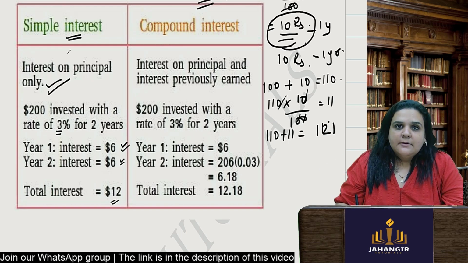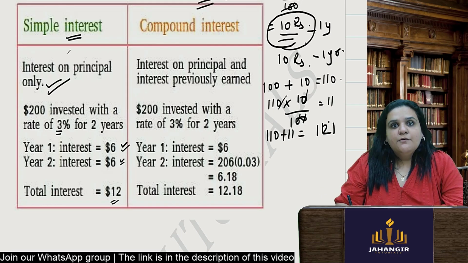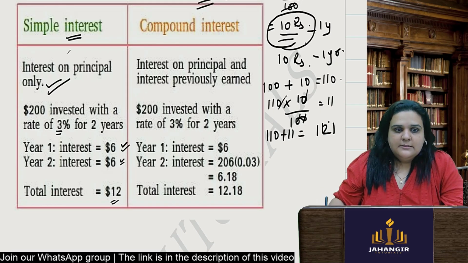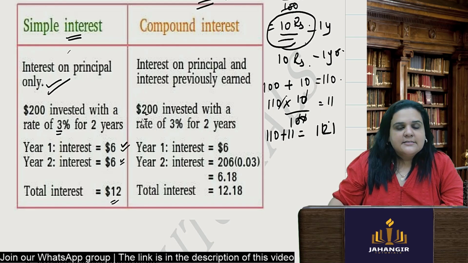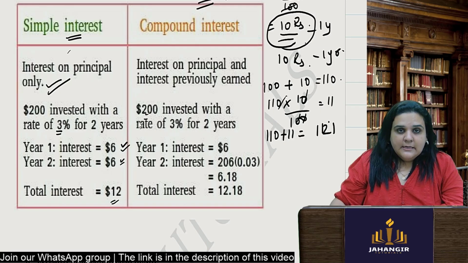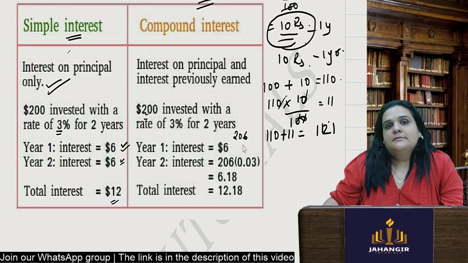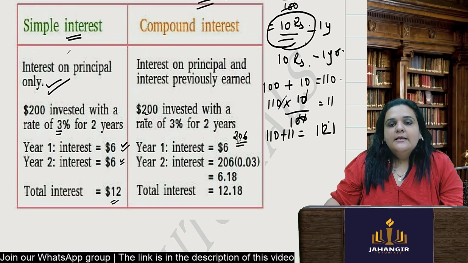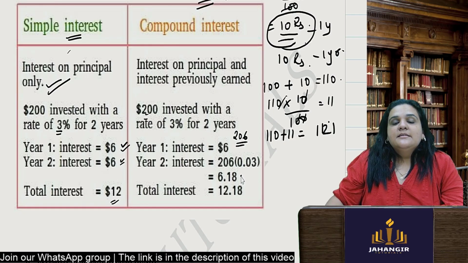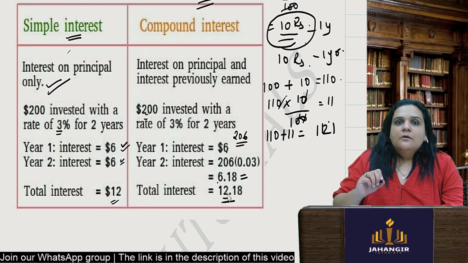So for the same sum, $200 invested at 3% for 2 years, the first year I will get $6. Why? Because 3% of 200 is 6. But next year I am going to get interest on $206. $206 into 3% is going to be 6.18. 6.18 plus 6 is 12.18.